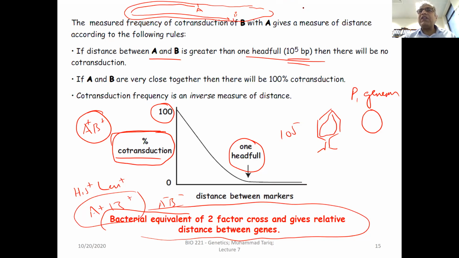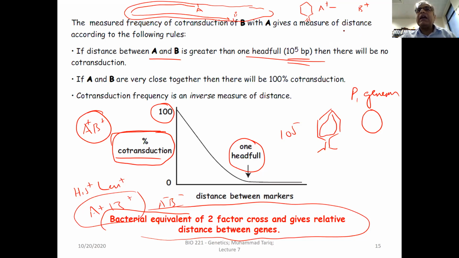Do you think this will be one phage head full? No sir. No. So it means A plus phenotype and B plus will never co-transduce, because co-transduce means they are packaged in the same phage head.